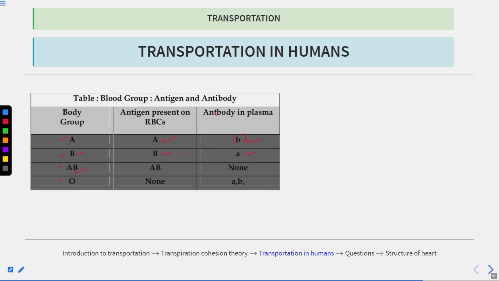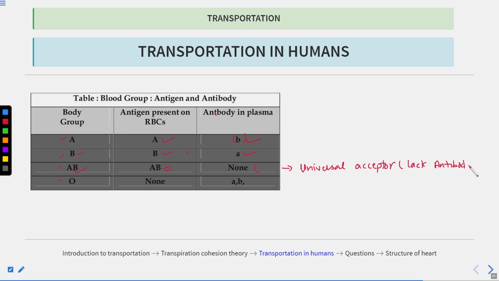Now AB blood group. So this AB blood group has both antigens A and B, but they don't have any antibodies. That's why they are known as the universal acceptor, you can say, or universal recipient. Why are they known as universal acceptor? Because they lack the antibodies.